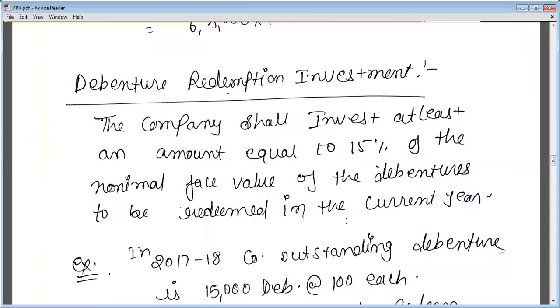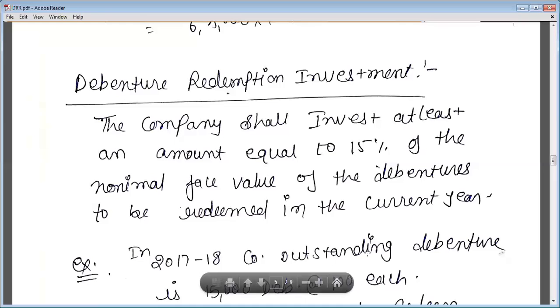So debenture redemption investment is an investment which a company has to invest in any government securities or any other securities. Okay, so let's see. The company shall invest at least an amount equal to 15% of the nominal value of the debentures to be redeemed in the current year.